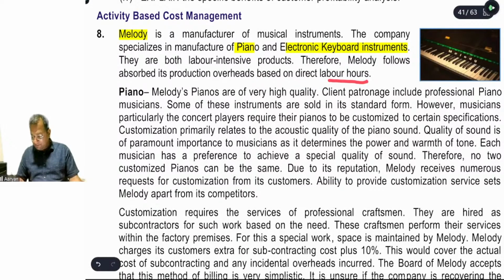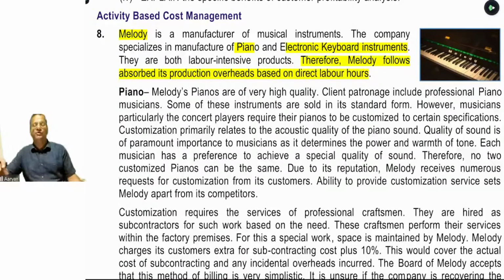Can you please tell me, beta, based on this line, whether the company is following the traditional method of recovery of overhead or the company is following ABC method for recovery of overhead?